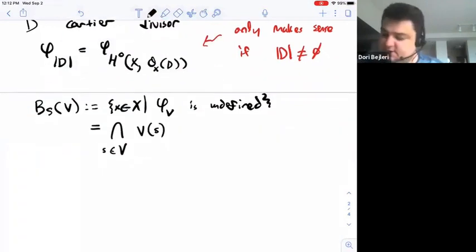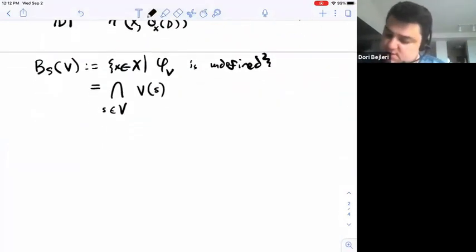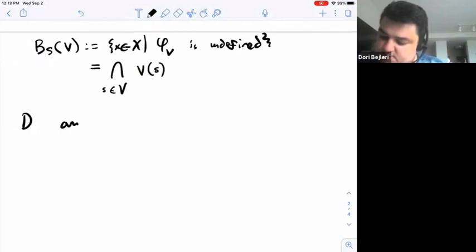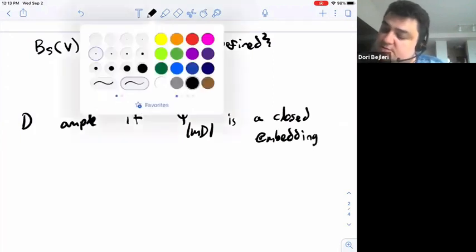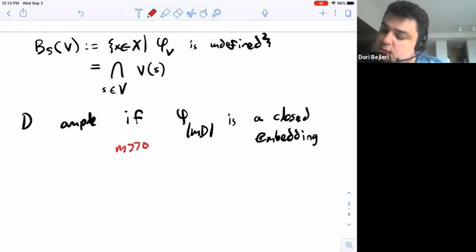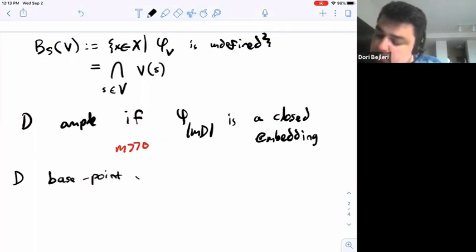Okay, and then a few properties, or just a few definitions of divisors that I'll recall. So we'll say that D is ample if the linear series of some large multiple MD is a closed embedding, for M large enough. We'll say that it's base point free if its linear series is a morphism, i.e. if the base locus is empty.